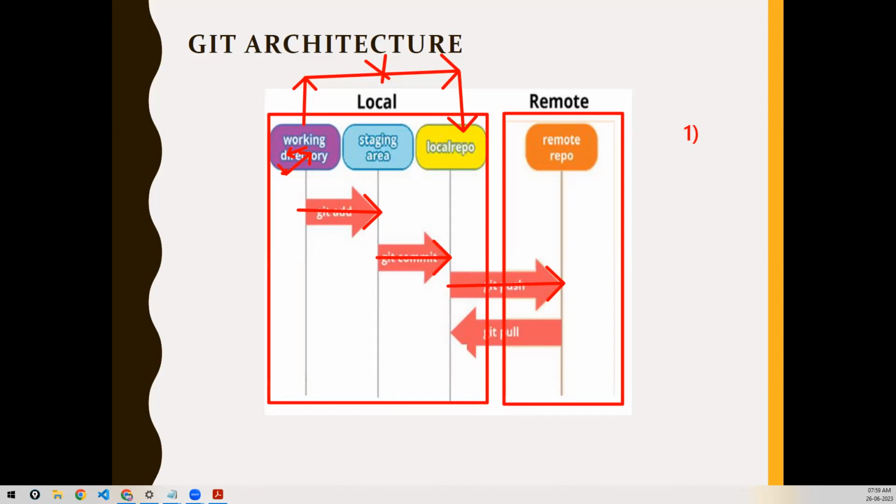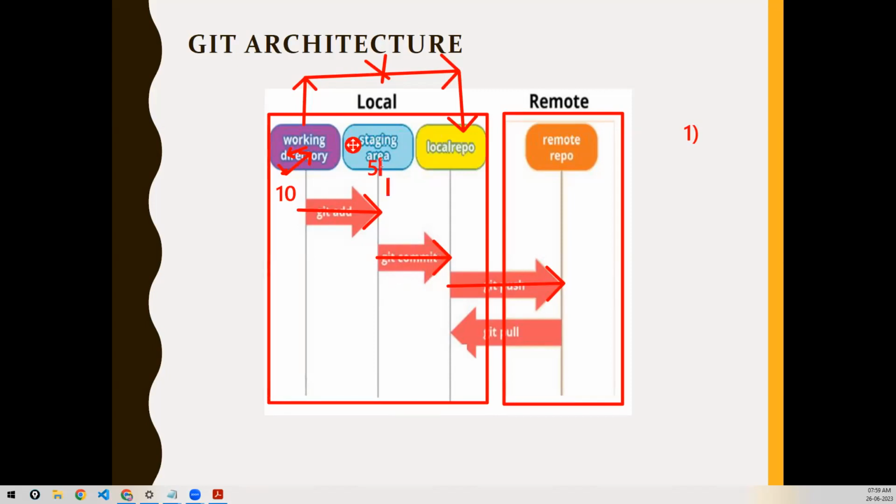Let me give you an example. Suppose I have 10 files in my working directory which I'm working on, but only 5 files were completed. Changes on 5 files were done, and I want to move only those files to local. So I'll move only those 5 files to the staging area. Then when I do a commit, these are all the commands, and we will learn the respective commands for each task separately.